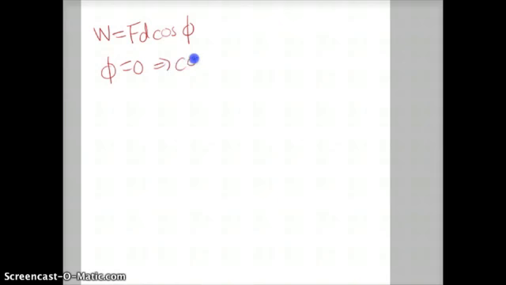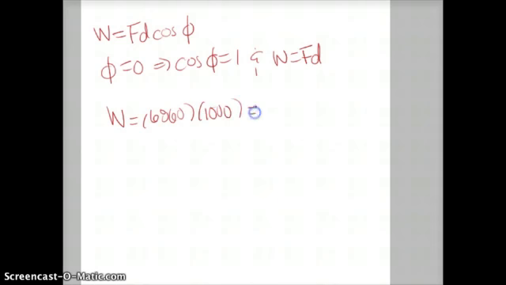So that's going to mean that cosine of phi is 1, and work can simplify to just F times D. In our case then, work is going to be 6860 times 1,000. It's going to be 6.86 times 10 to the 6 newton meters, which is equal to 6.86 times 10 to the 6 joules.